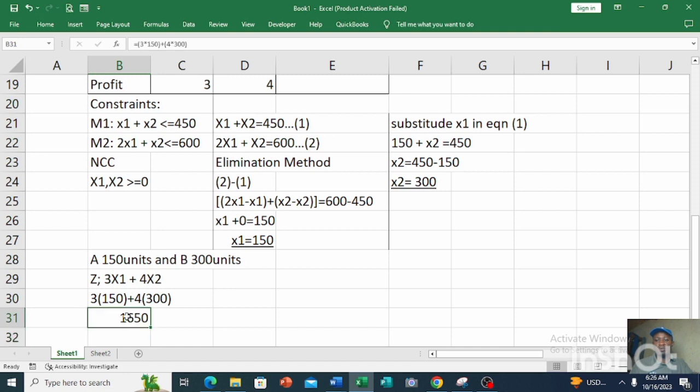So we are going to have 1,650 francs. So this is our profit.